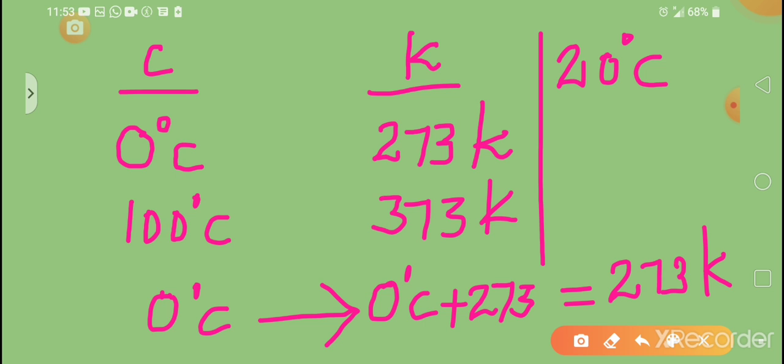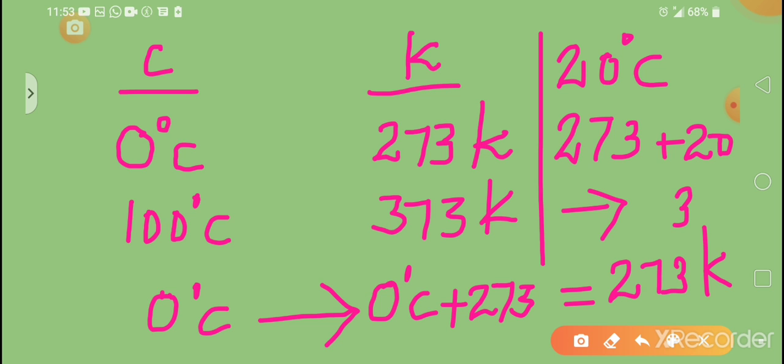What we can do for that? We should add 273 plus the given temperature on the Celsius scale. So 273 plus 20, what we get? 293 Kelvin.